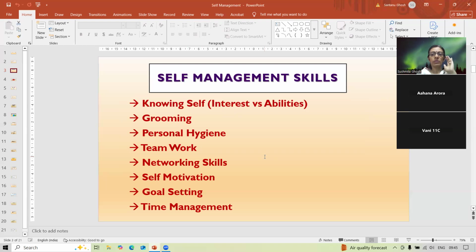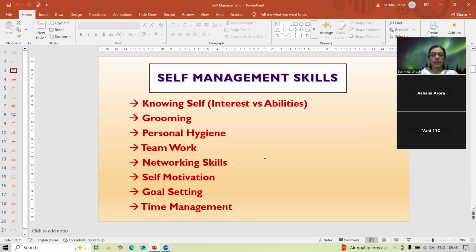When you talk about knowing self, it also involves your grooming, your personal hygiene, your skills to work in a team. All this is included when you talk about yourself, other than just the interest and the abilities of yourself, right? So, all these aspects, your networking skills, how it should be done, what exactly is networking skills, how does it help you in the future, in the current, everywhere.